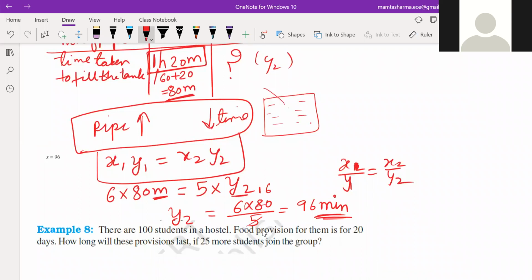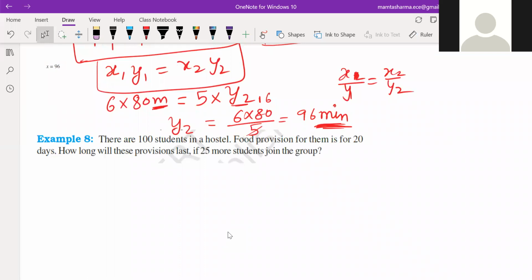If y1 is in minutes, the answer will come in minutes. If you are converting this into hours, then the answer will come in the hour unit. Okay, so in this chapter only unit conversion is important. The rest of the procedure is very simple.